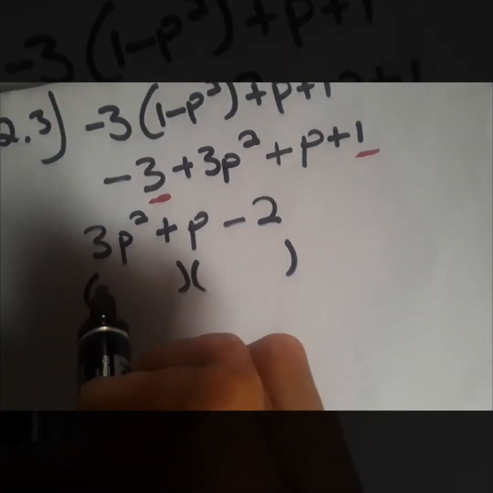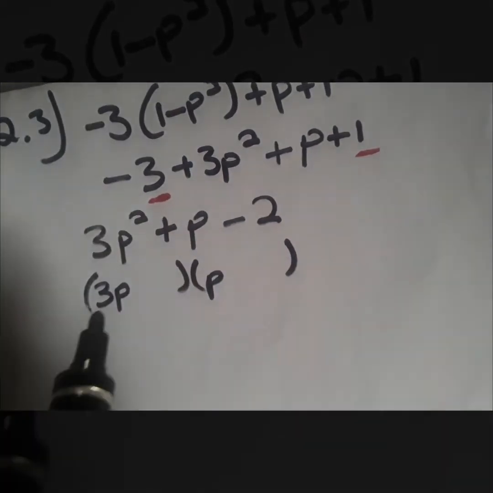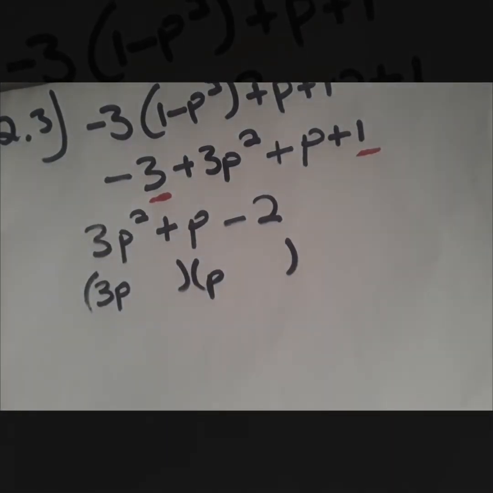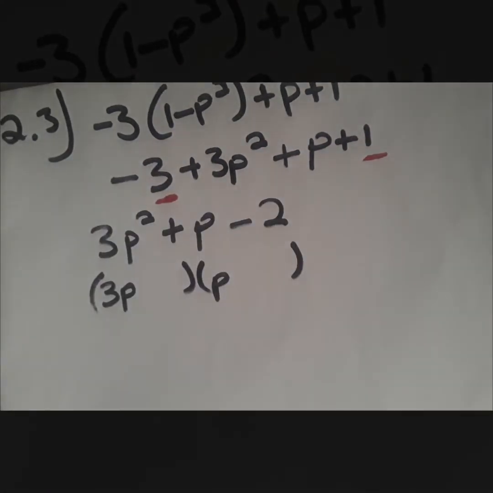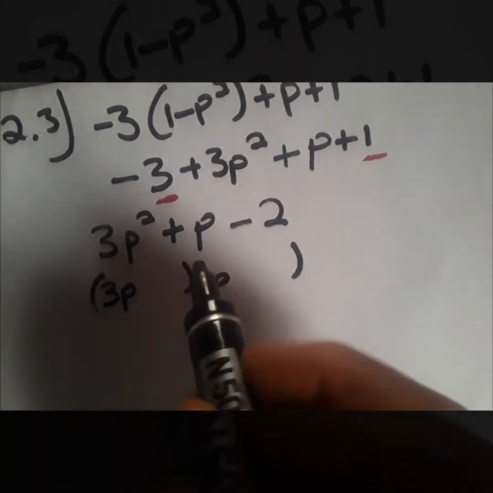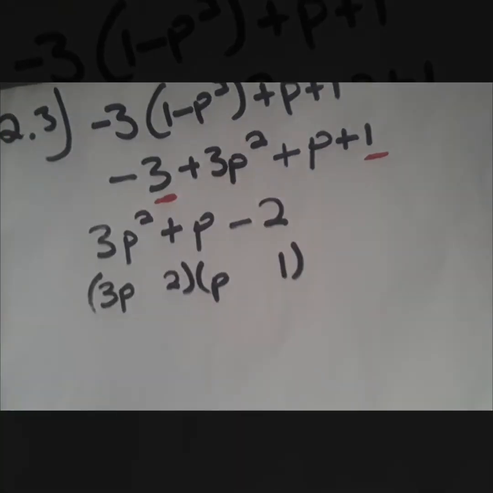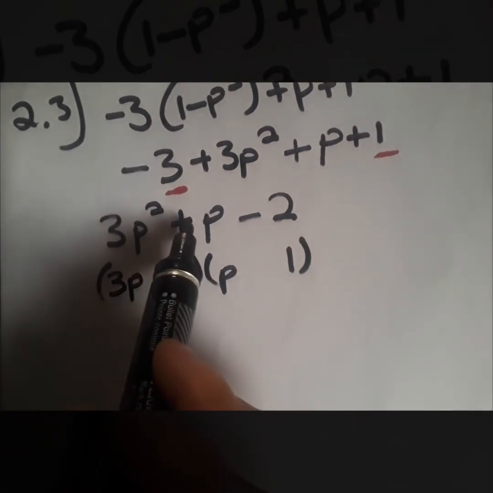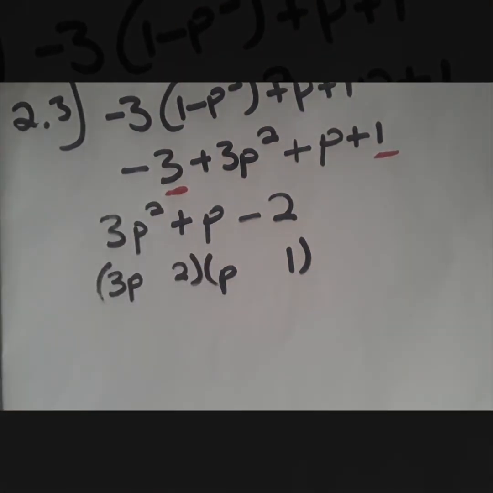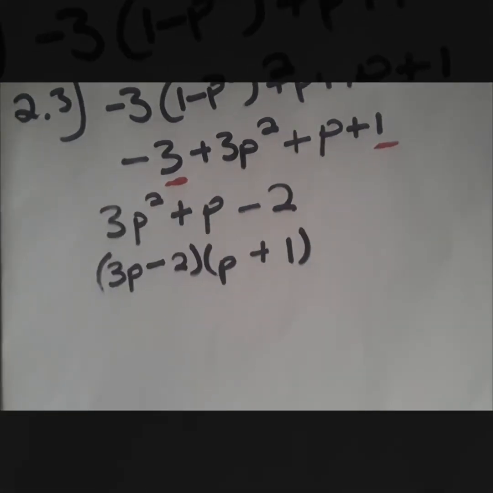So let's put 3p and p as factors of 3p squared. Then the outer term is 2, so let's put 2 here and 1 here. Now the signs: the middle term is positive, so here let's put the positive and here the negative.